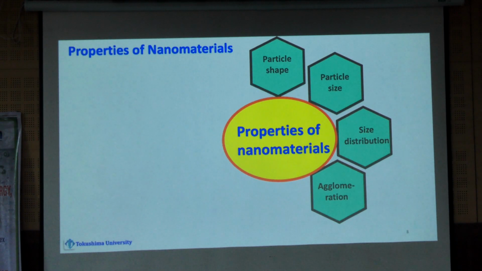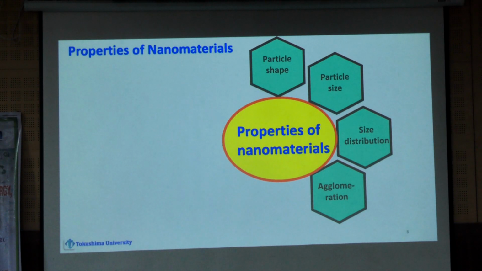So sometimes size variation also occurs. It is not like 50, 50, 50. Sometimes it is 30 nanometer, 50 nanometer, 80 nano. So in that case, we say average size is 50. So size distribution, sometimes it is good. Sometimes size variation is not good.